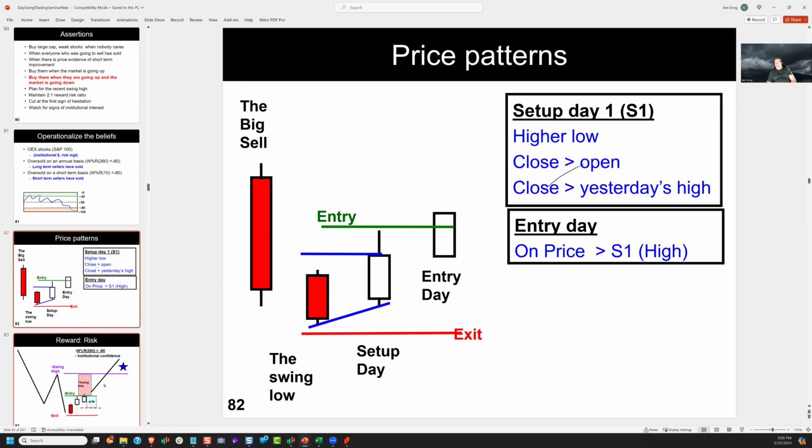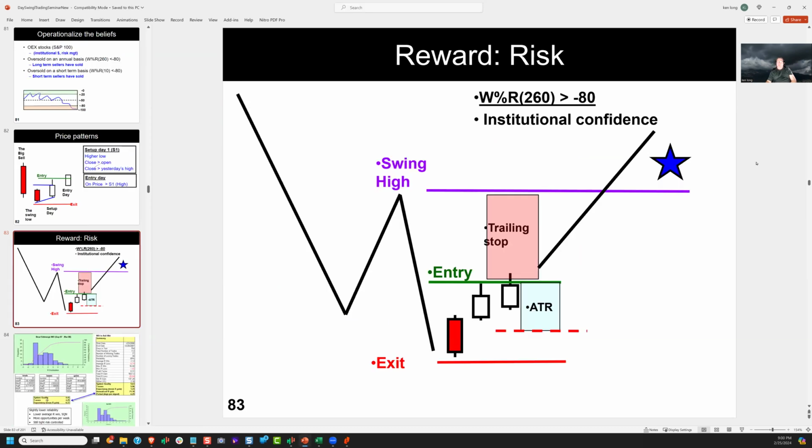Now, what happens on this thing is that typically you will have seen that great big long sell, and then there might have been a recent swing high, let's call that the 10-day high. And then this was the final selling pressure that made this one the swing low.